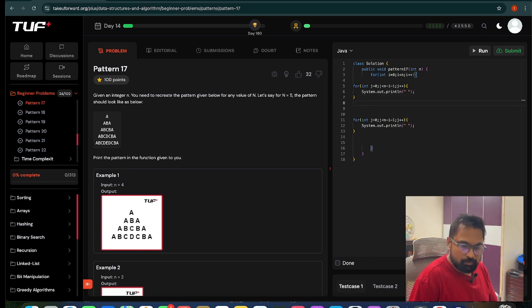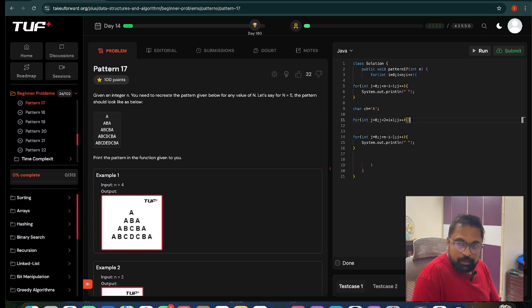Now after that we'll do char ch equal to 'A', the first character, and we will write our printing for loop: int j equal to 0, j is less than our formula 2 into i plus 1, and j plus plus.